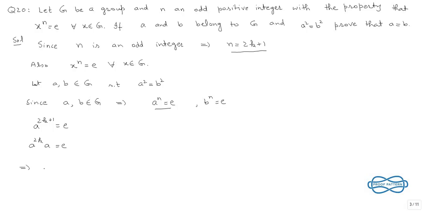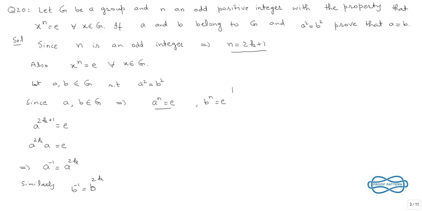In this way we can see that a inverse will be equal to a raised to the power 2k. Similarly, b inverse is equal to b raised to the power 2k.